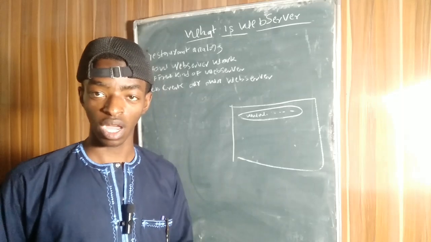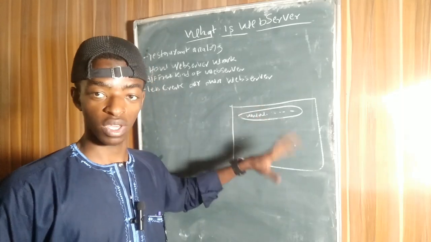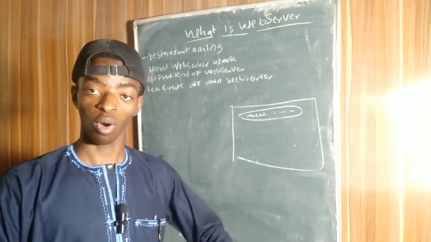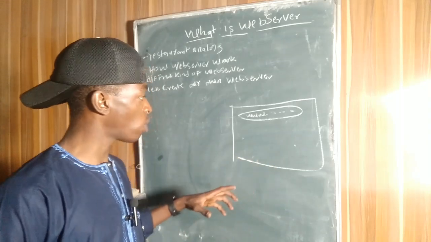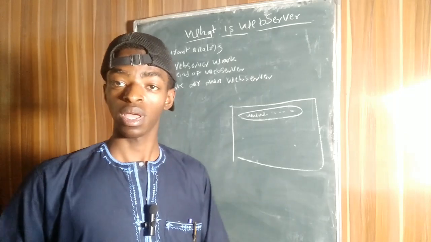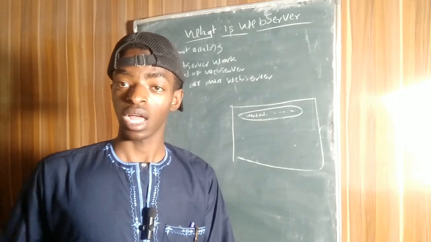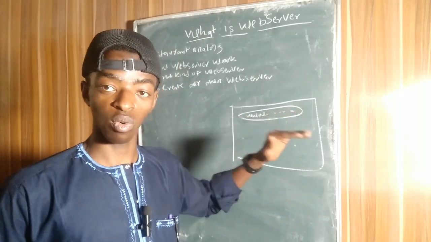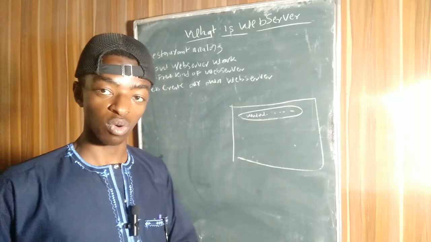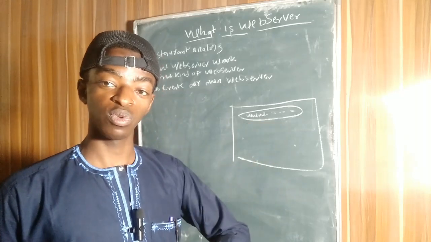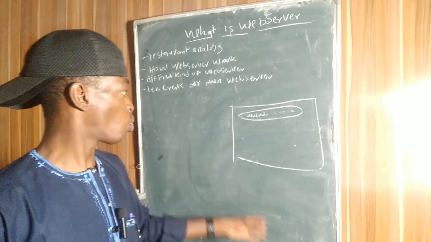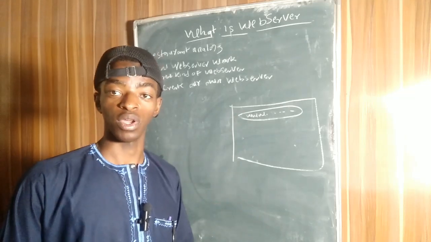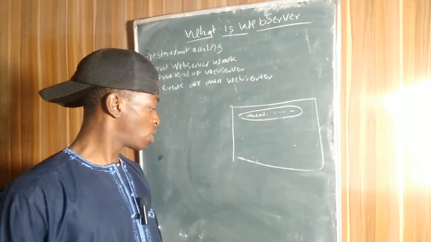What is usually happening is your browser is going to make a request to a Google web server, asking the Google web server for the homepage of Google. Then the Google web server will go through its bulk of information and look for specifically what you want, that means the Google homepage. It's going to grab that Google homepage and then give it back to you as a response. So a web server is always on the internet listening for a request from a browser.